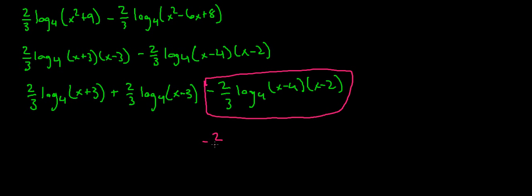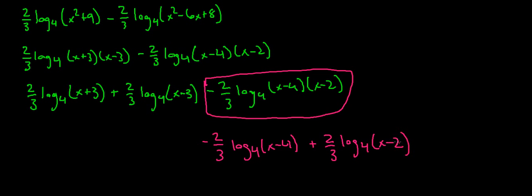They're going to say it's minus 2/3 log base 4 of x minus 4, plus 2/3 log base 4 of x minus 2. And this is wrong.